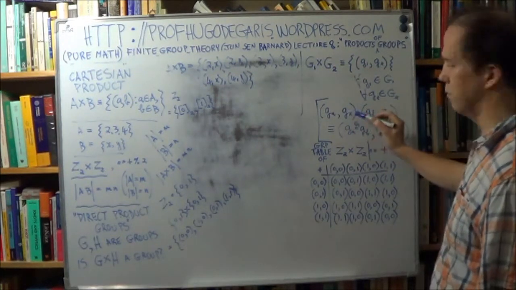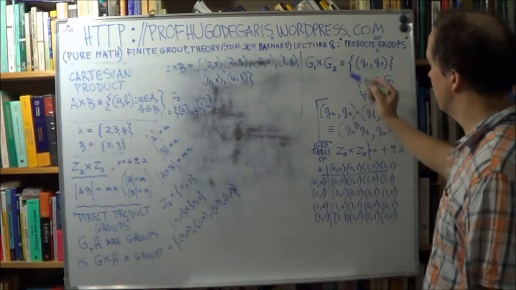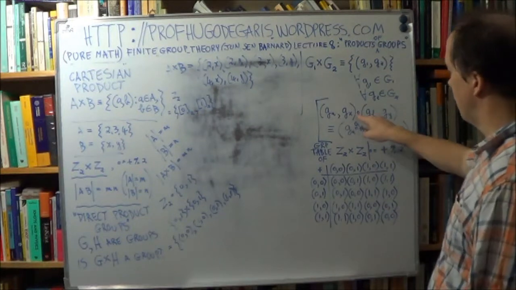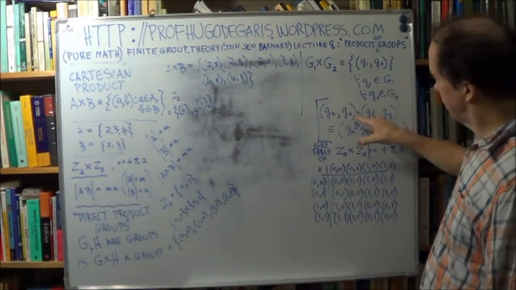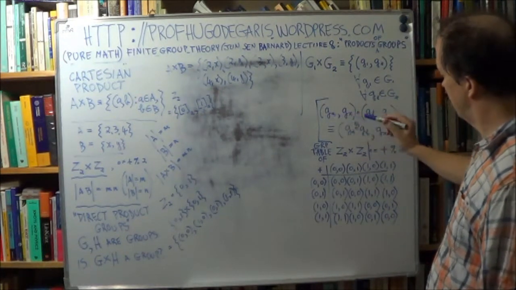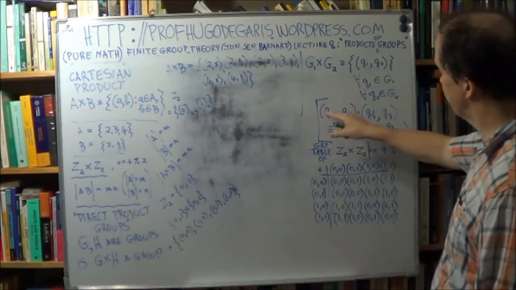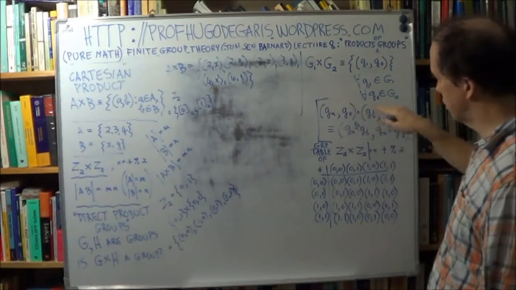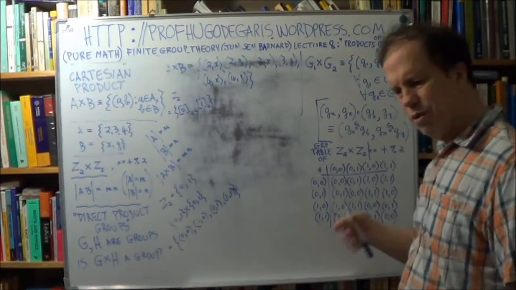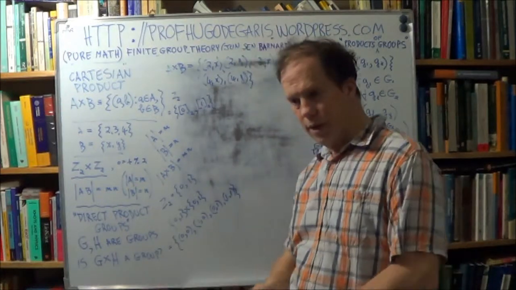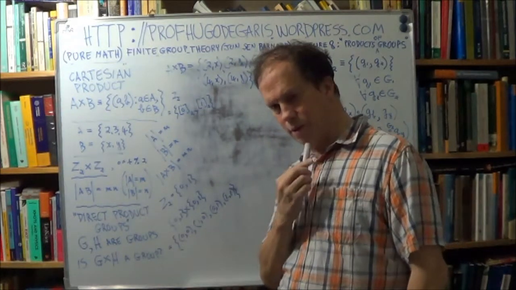So we have two random elements of this set, and here's the binary operator on it. That's why I've got three bars here, by definition. We want to define a binary operator on these two elements that makes sense, that we can make a group out of. So how do you go about doing that?